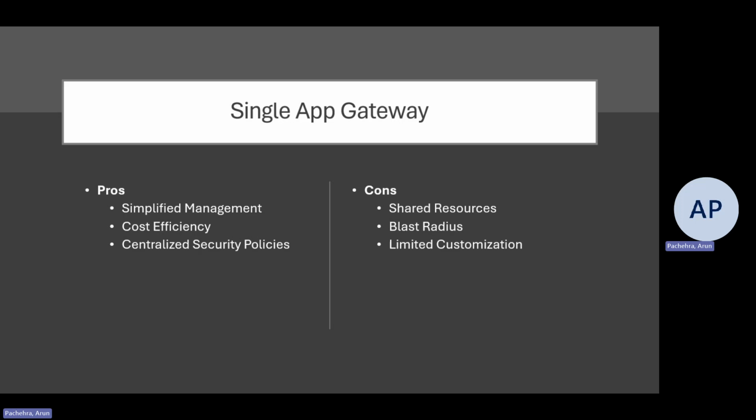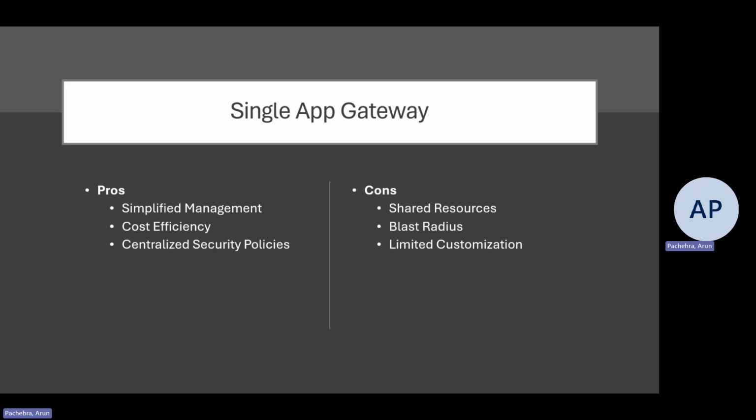Then cost efficiency, because you are running a single app gateway instead of multiple, so you are saving cost for sure. And then the centralized security policy, which means implementing and updating web application firewall rules and security policies can be done in one place, ensuring consistent security posture across all applications. So these are the pros for using a single application gateway. These are the benefits that you're getting.